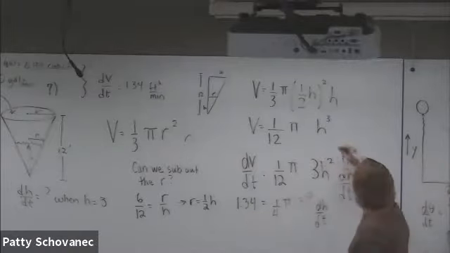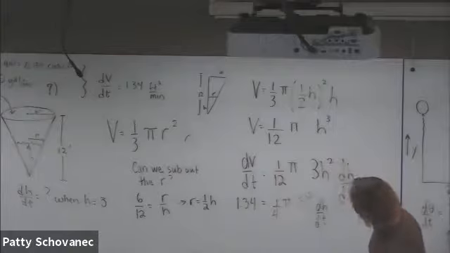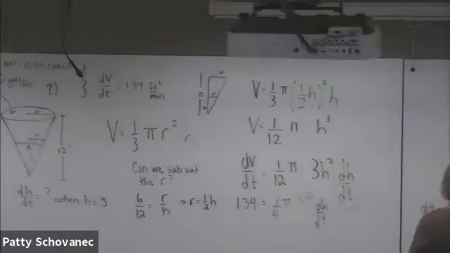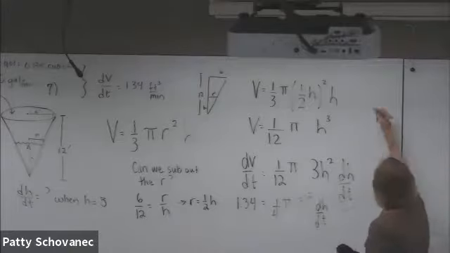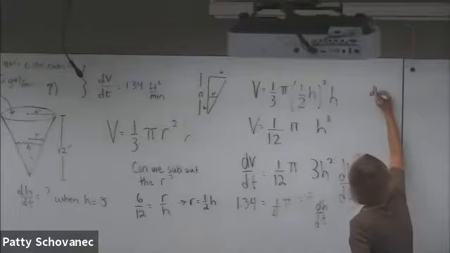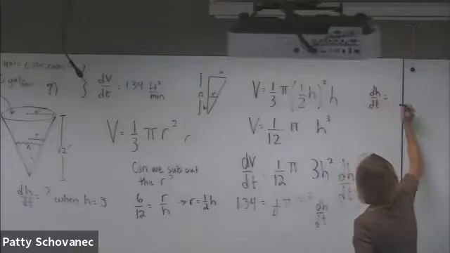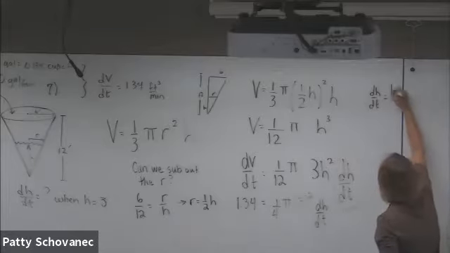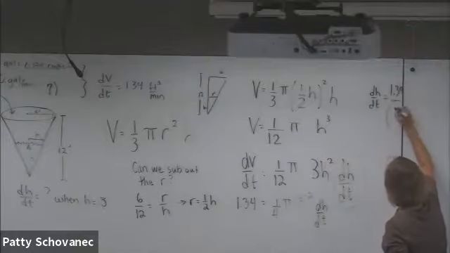I want to get dH/dt over here, and so I'll just divide by 9 pi over 4. When I divide by 9 pi over 4, I have the 1.34 divided by 9 pi over 4.